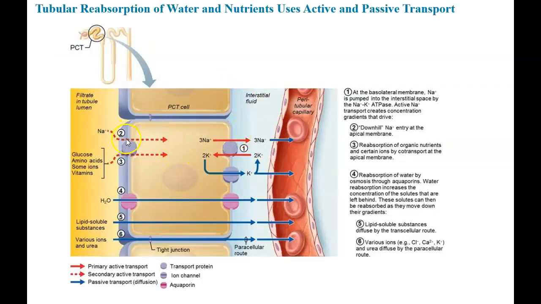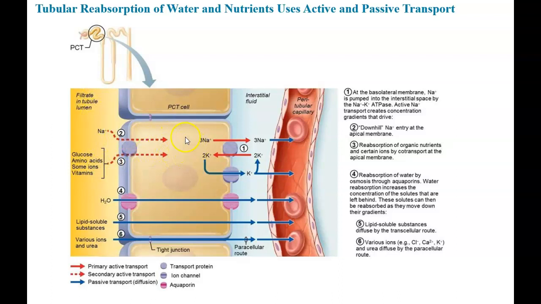So here we look at the active transport of sodium that occurs here with the sodium and potassium ATPase. So that's where it's pumping 3 sodium out of the cell and 2 potassium into the cell. When it does that, it creates a gradient for sodium to enter from the filtrate in the tubule into the cell.